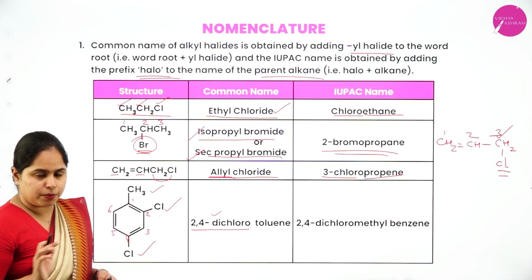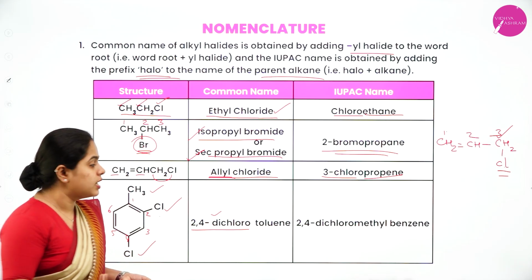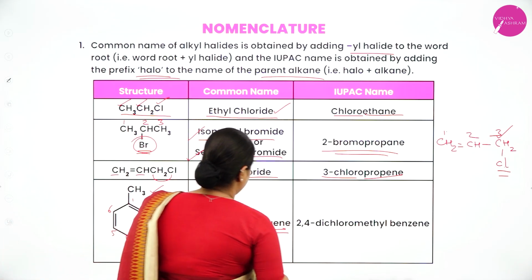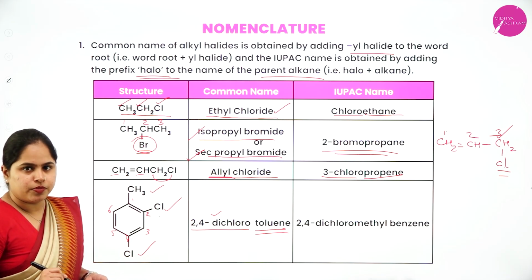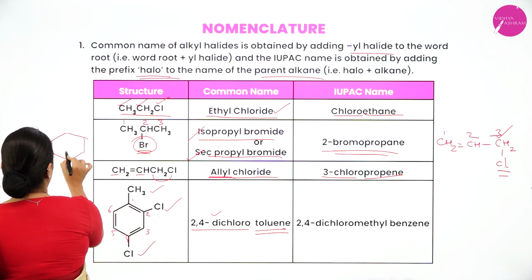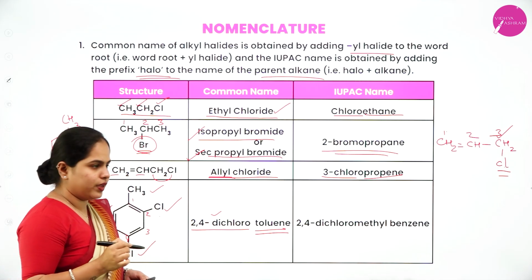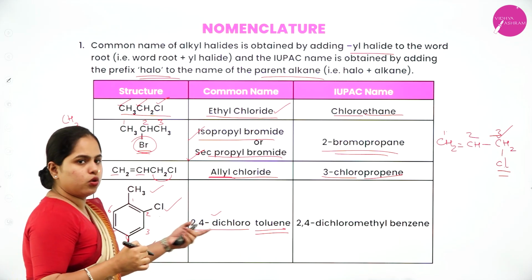Or on a benzene ring, if you have a methyl group, it is called toluene. That is, benzene with a methyl group is called toluene. So we can write 2,4-dichlorotoluene.